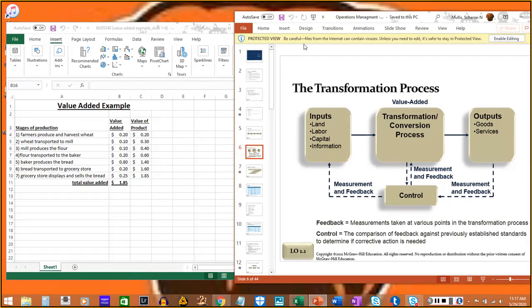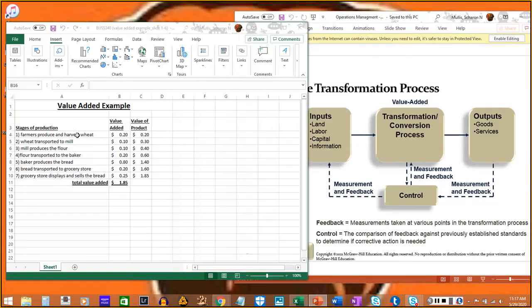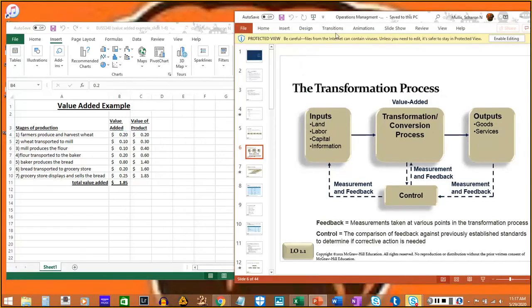So stage one of the process is the farmers produce and they harvest wheat. So Josh, I'm going to ask you, as far as inputs for farmers producing and harvesting wheat, what are some of the inputs for a farmer in producing and harvesting wheat?